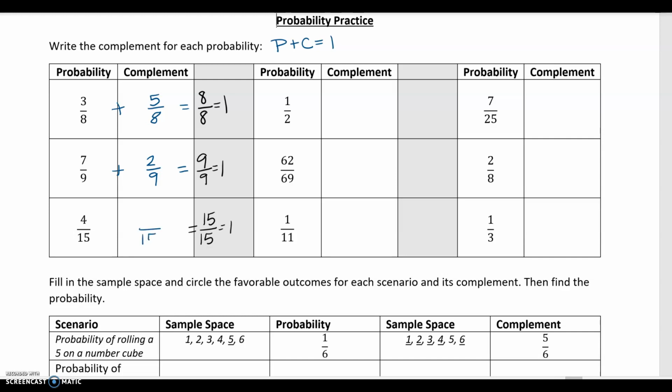So I have 15 here, and I'm saying 4 plus a number equals 15. So 4 plus 11 equals 15. Okay? So I want you guys to go ahead and press pause, and you guys can do these next ones.